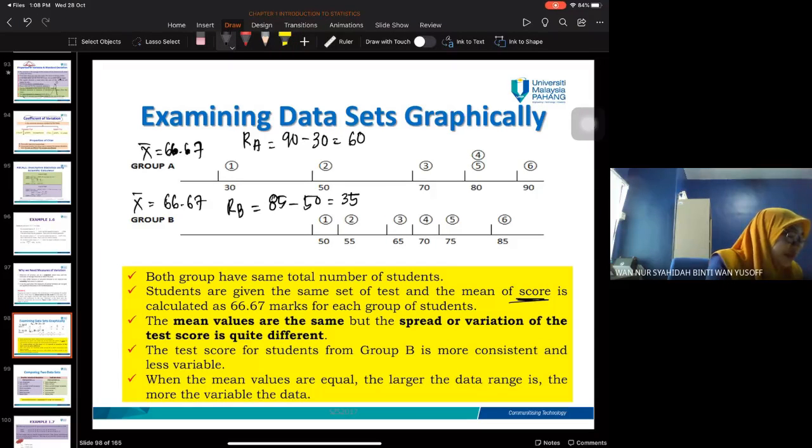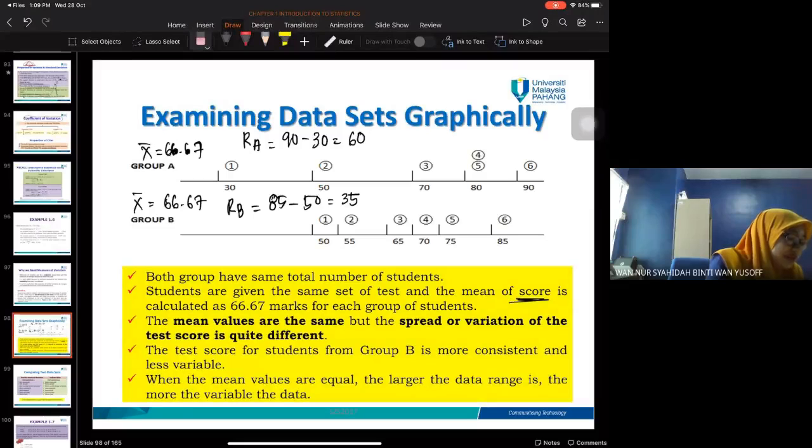You can compare the ranges here. So how do we compare variability? As I said, the smallest one is the best one. The smallest variability means that we have consistent data.